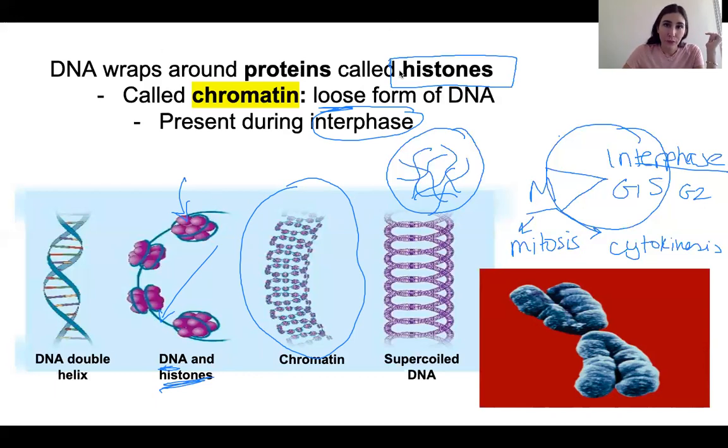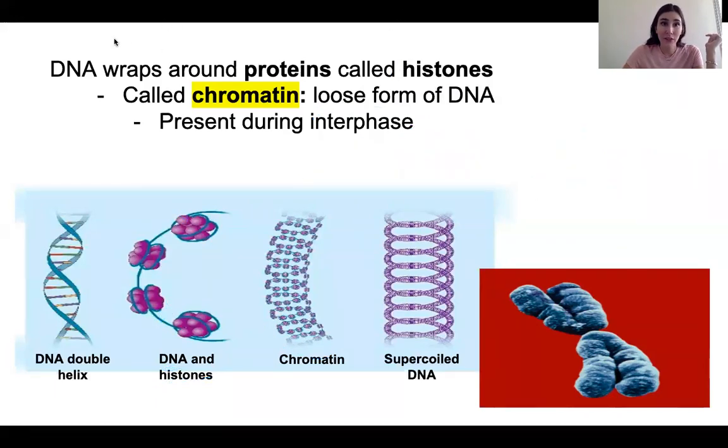Now, when the cell is ready to divide, it's going to start to thicken, okay? So essentially, it's going to turn from looking like this, very thin, and start to thicken. And when it's in its thickened form, we refer to it as a chromatid, okay?